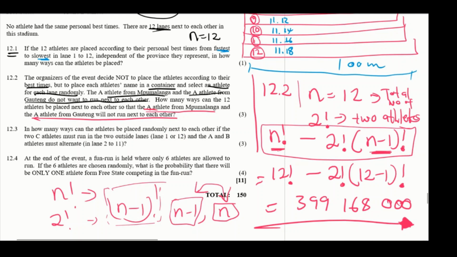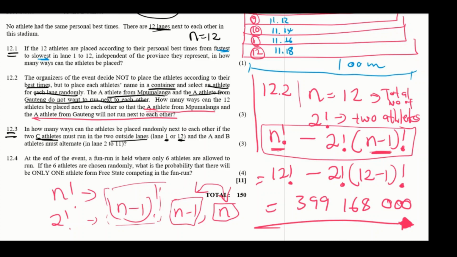So 12.3. In how many ways can athletes be placed randomly next to each other if the two C athletes must run in the two outside lanes? From lane 1, okay, the outside lanes, it's the first lane or the 12th lane.